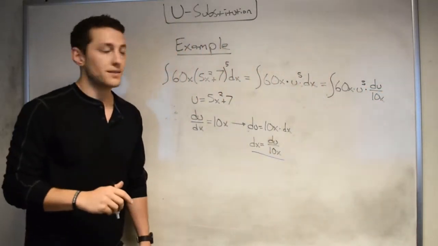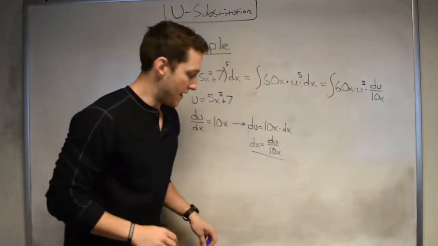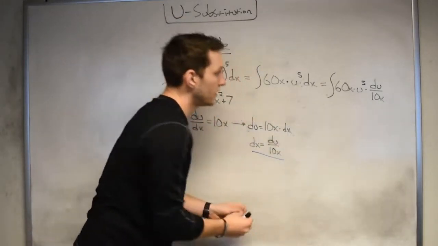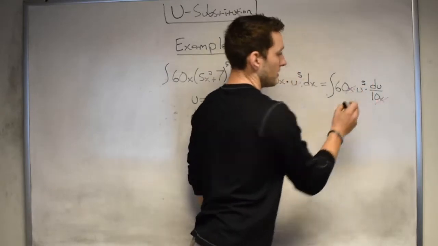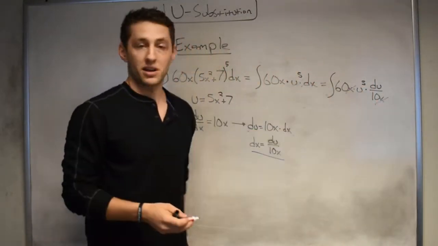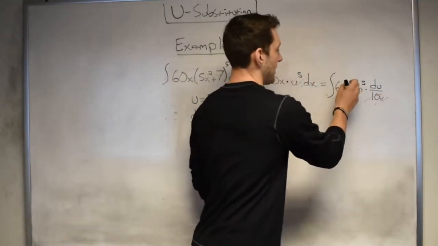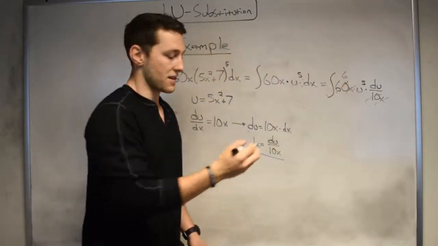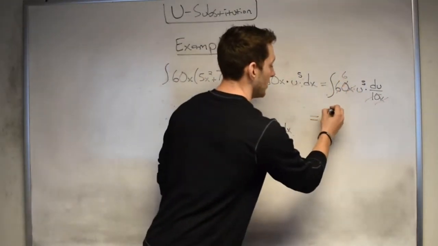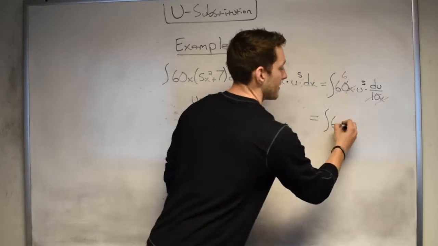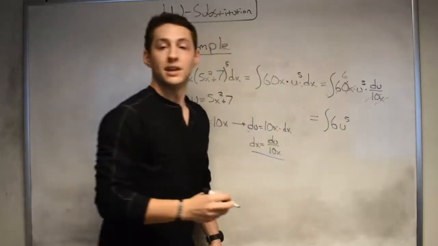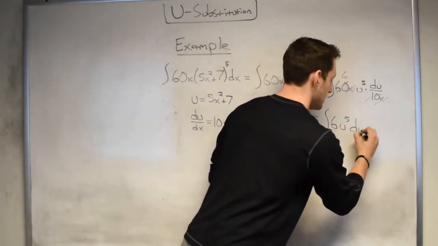But wait a second. We can now cancel some things out. The x's cancel along with a good chunk of the constant. This 10 and that 60 reduce to just 6, leaving me with the integral of 6 times u to the 5th with respect to u, du.